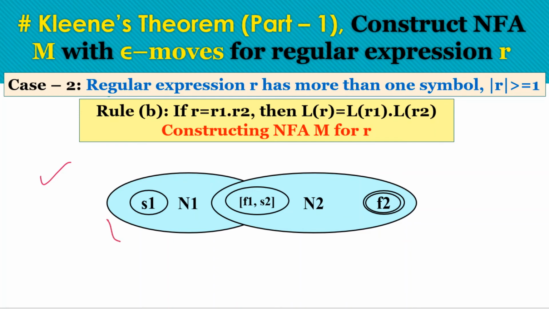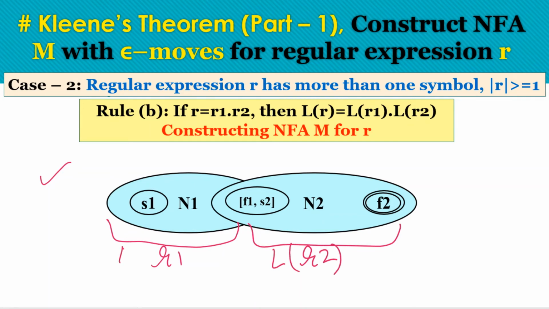Here this machine is recognizing R1 and this machine is recognizing R2, or we can say that the language of N2 is the language of R2 and the language of N1 is the language of R1.